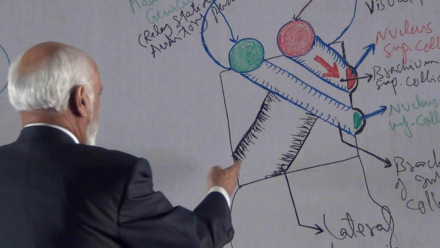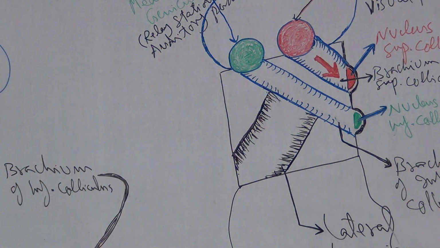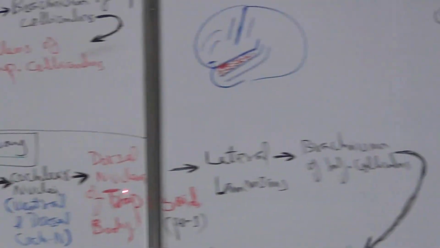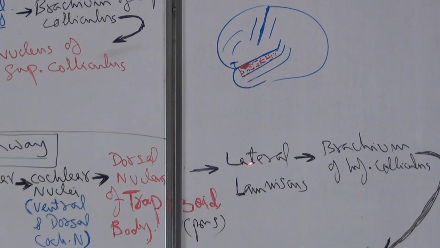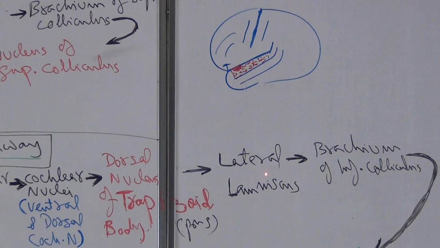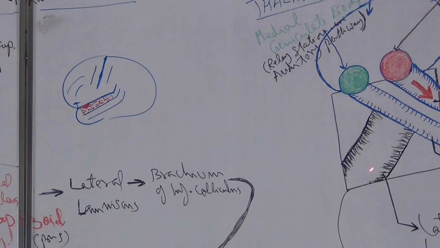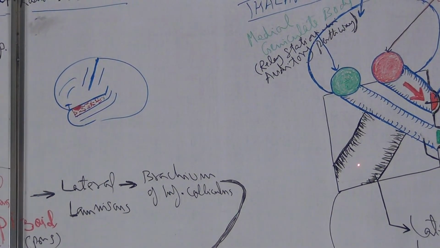Now, we will trace the fibers here from the lateral lemniscus. I told you from the dorsal nucleus of the trapezoid body, the fibers run through the lateral lemniscus, which is visible on the lower part of the lateral surface of the midbrain.